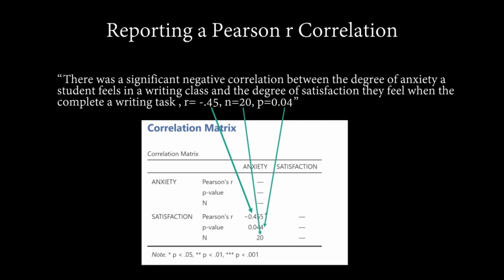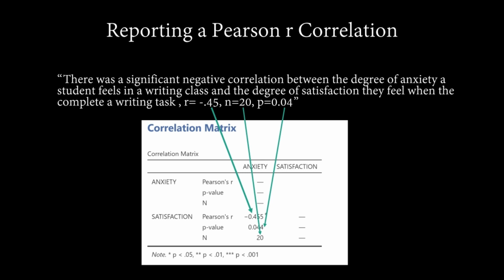There was the significant negative correlation between the degree of anxiety a student feels and the degree of satisfaction they feel when they complete a writing task. What this suggests is that increased anxiety will lead to decreased satisfaction. That's what a negative correlation actually means in this particular case.